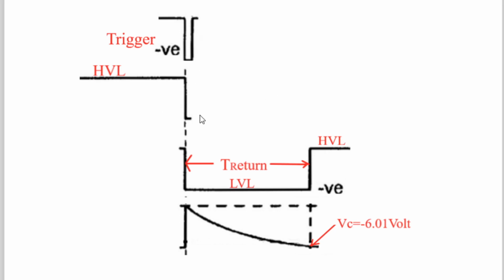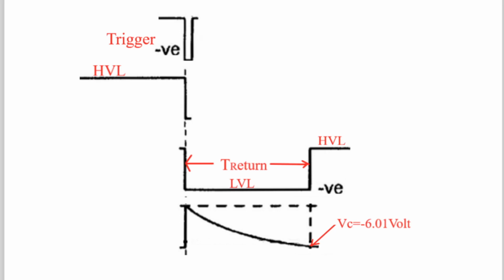In this way, I hope you have understood the monostable multivibrator designed by IC741. It's very simple. Monostable multivibrator means mono, only one stable state is there. In case of IC741, it is HVL. You can change the stable state by applying the trigger and force that state to go to another state.